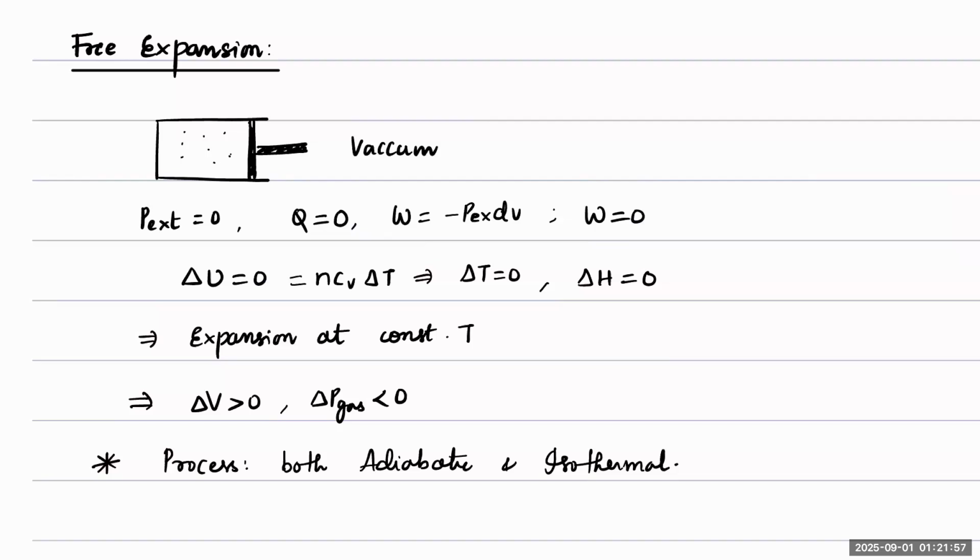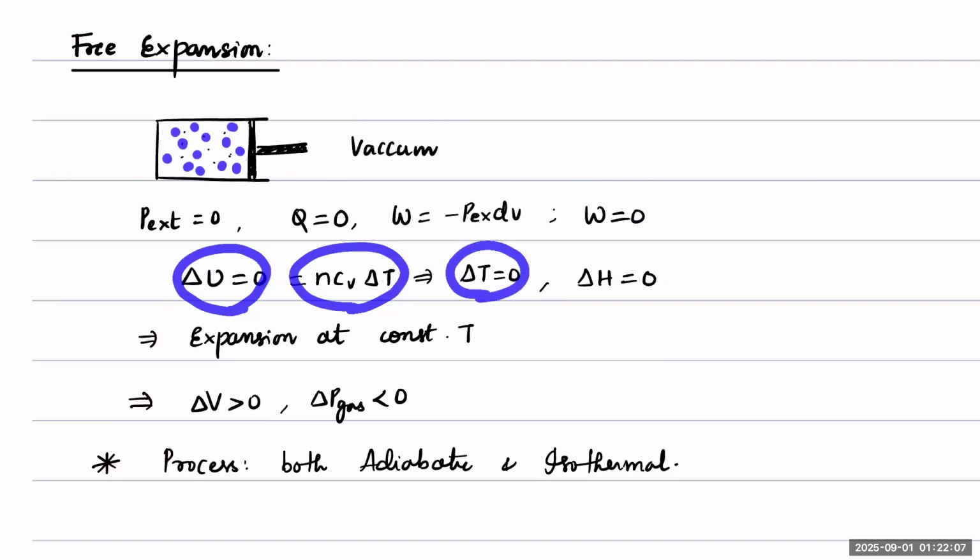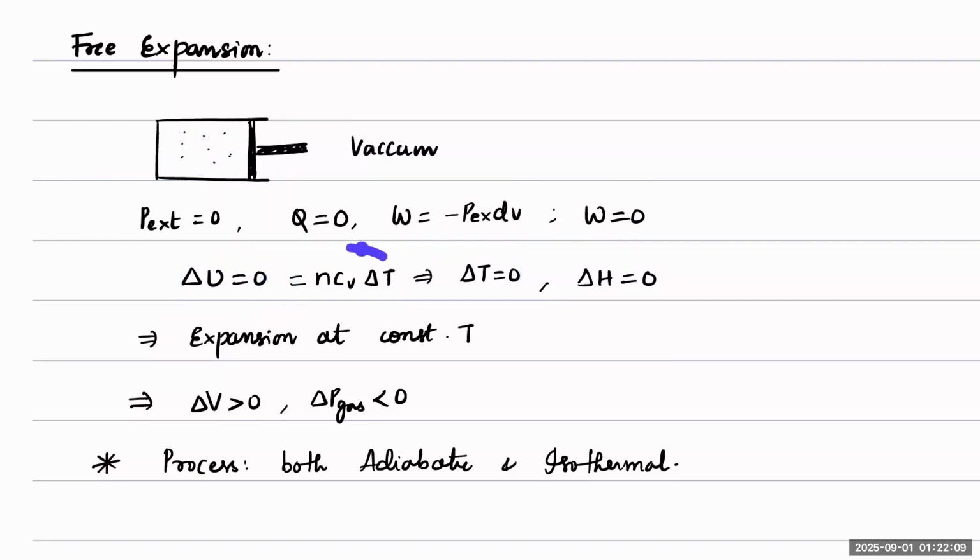And if delta U is 0, consider an ideal gas. If delta U is equal to 0, then nCv delta T should be 0, which means delta T should be 0. If delta T is 0, delta H will also be 0.